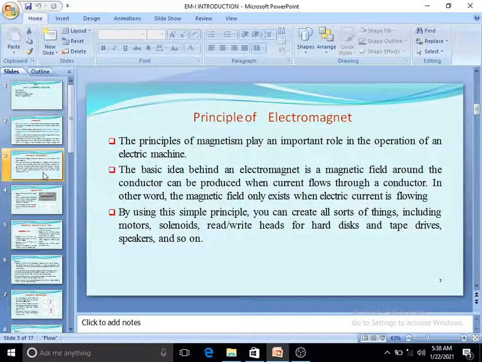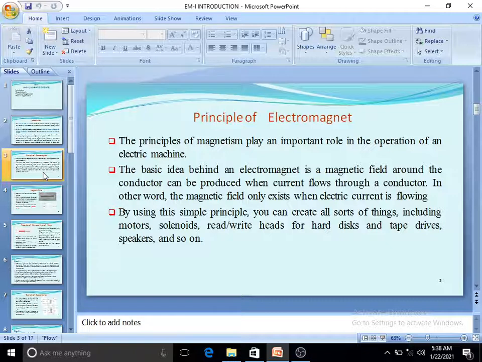Pass a small amount of current through that conductor, and automatically that winding or conductor behaves as an electromagnet. This is the way we create electromagnetism. The one thing you need to remember is that any winding or conductor which carries a current acts as an electromagnet.